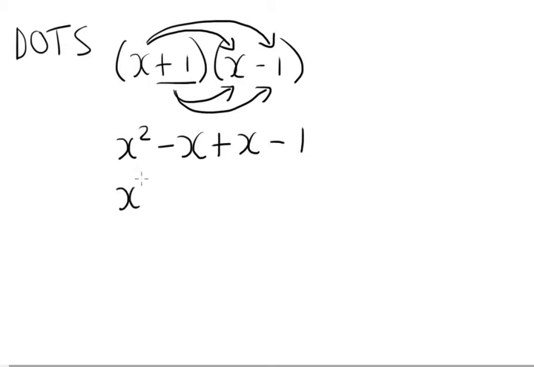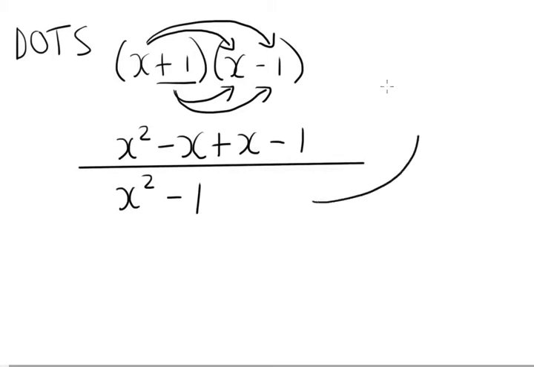So now I've got x squared, negative x plus x, that cancels out, so I'm left with x squared minus 1. So if I was asked, how do I now factorize x squared minus 1? What it means is I need to come back to that point over there. So let's have a look at how we factorize it.